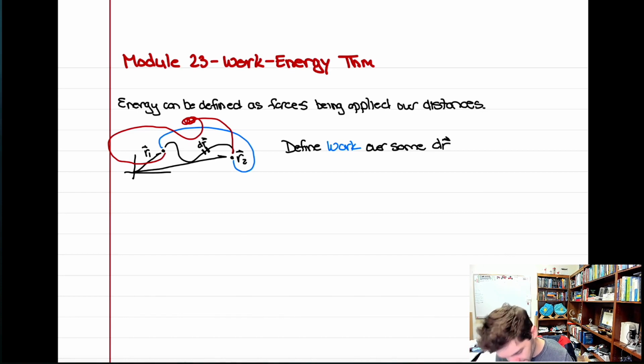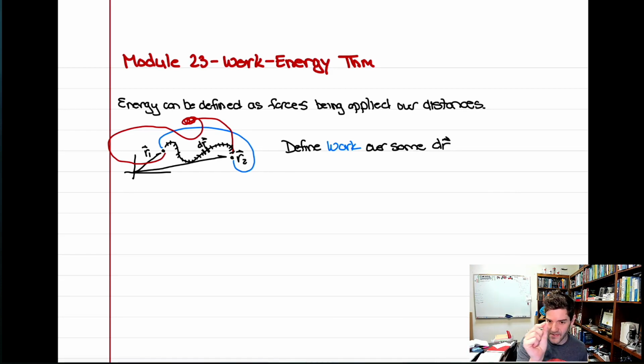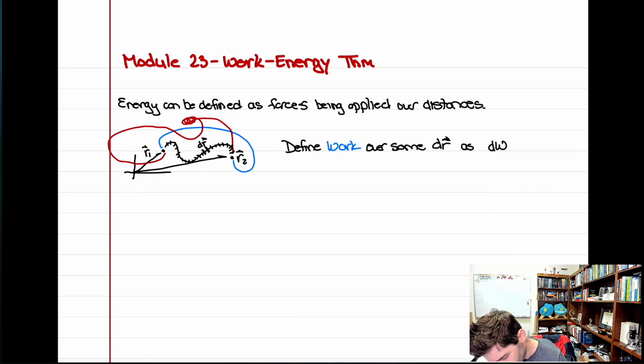This would be a little dr. And this black path would then be comprised of a bunch of tiny little drs, which in the calculus limit you can imagine can become an infinite number of these little steps, and I can assess how much forces are doing over each of those little distances for every little step. So we can define work over some dr as, and since we're doing it in the calculus limit, we'll say dW, a little bit of work, is equal to that force dotted with the path that you're taking, that step you've taken.